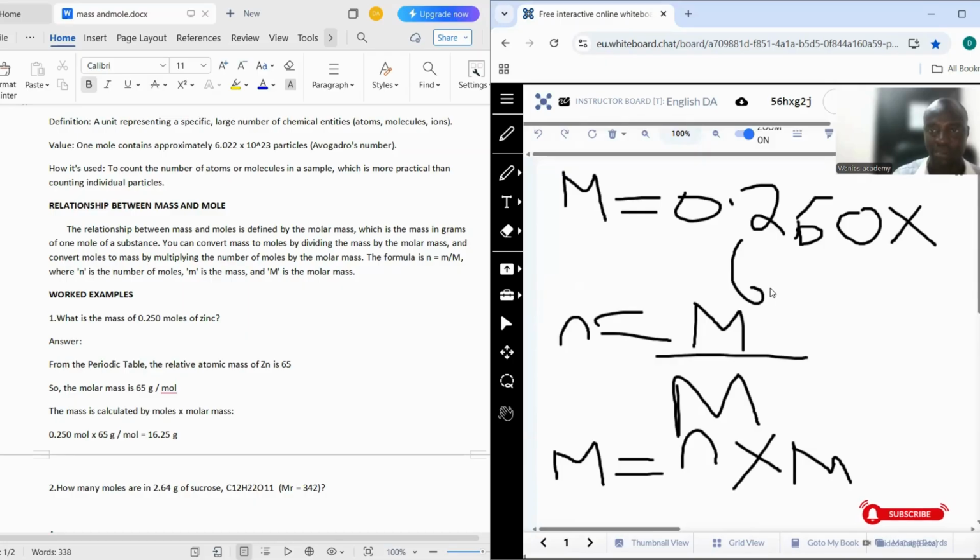When you multiply 0.250 by 65, that would definitely give us 16.25 grams. Remember I told you that the mass of a substance is usually measured in grams in chemistry, though the SI unit of mass is kilograms. So 0.250 times 65 gives us 16.25 grams. That is your answer.